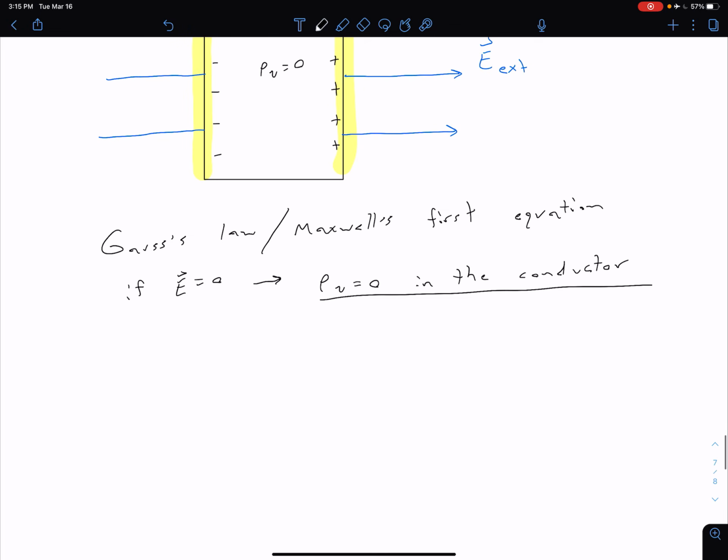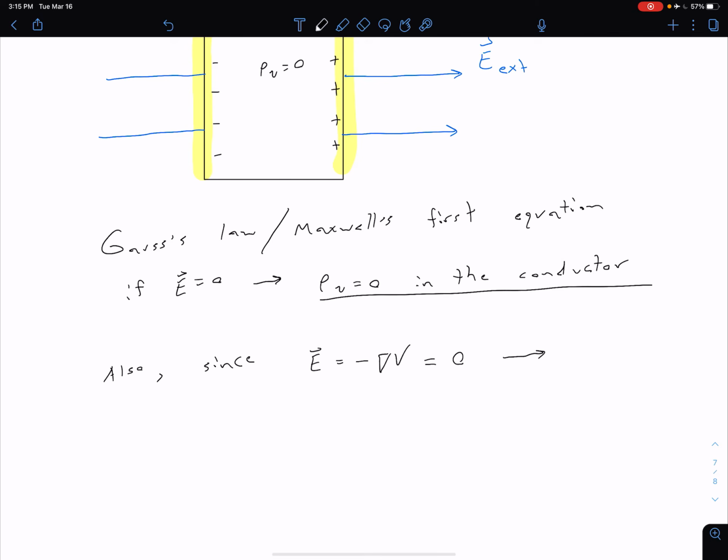We can also consider the relationship between our electric field and voltage or potential. Our electric field is equal to negative gradient of V, and we know that has to be equal to 0.